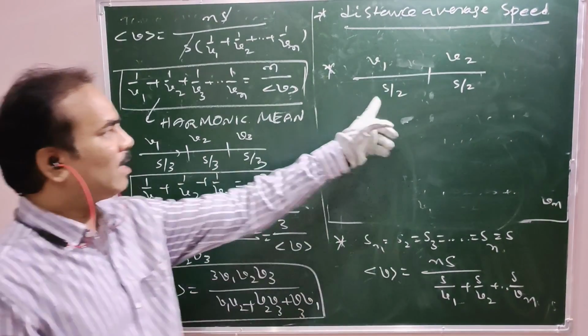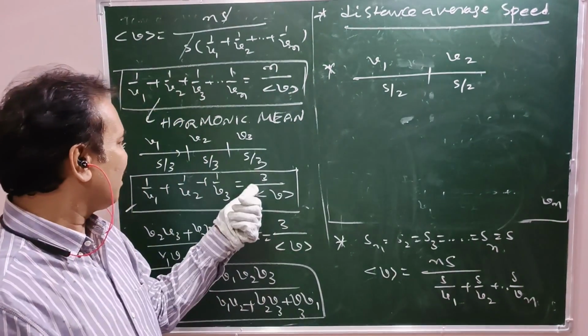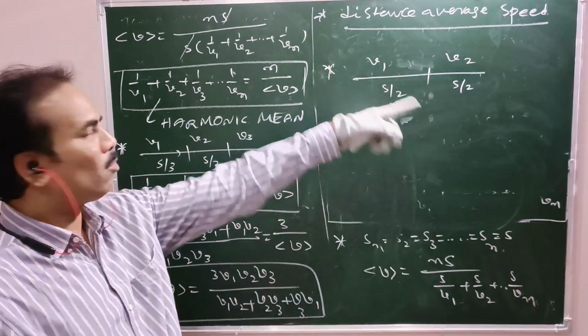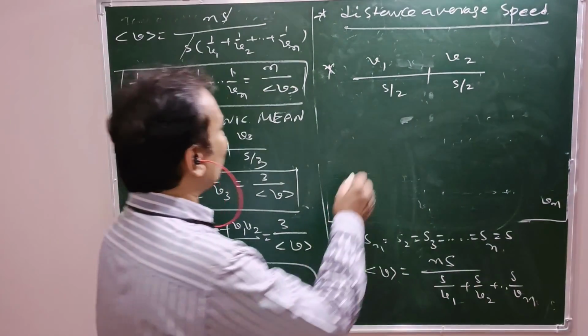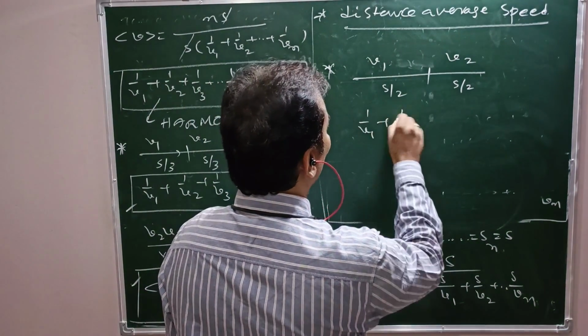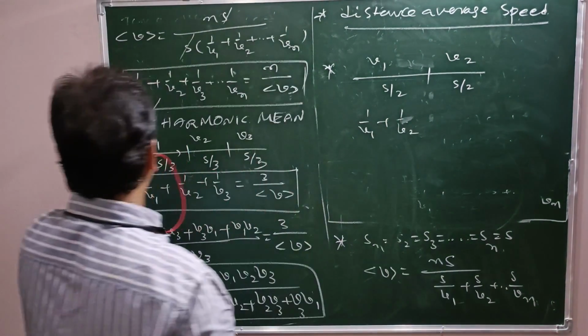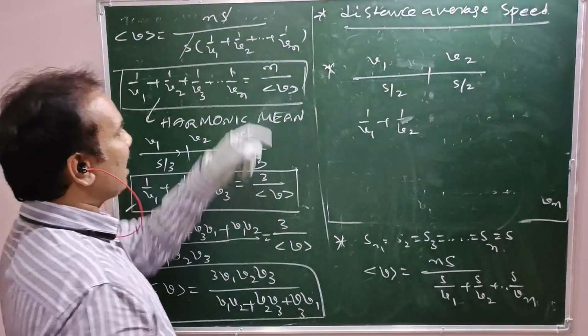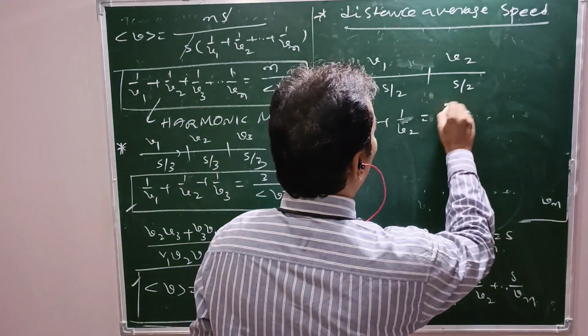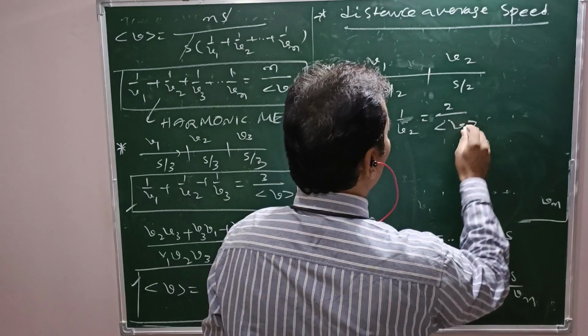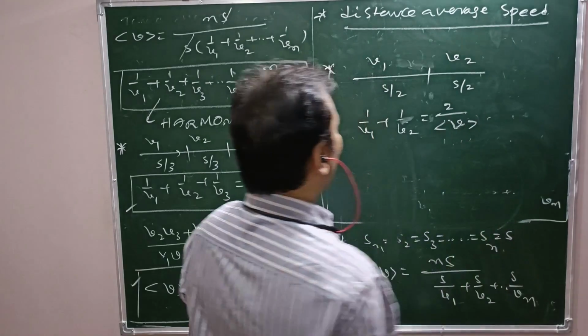Why? Because there are two segments. So what is n? n is 2 only, 2 terms.